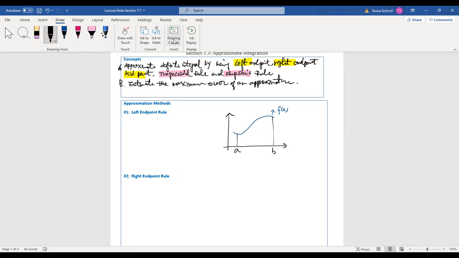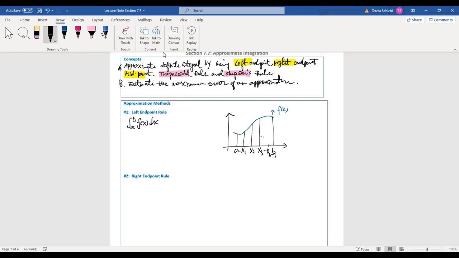I'm looking for the integral from a to b of f of x dx. And I won't be able to derive it algebraically, so I can use the left endpoints. What are the left endpoints? That means I divide my interval into many subintervals: this is x1, x2, x3, up to xn minus 1.